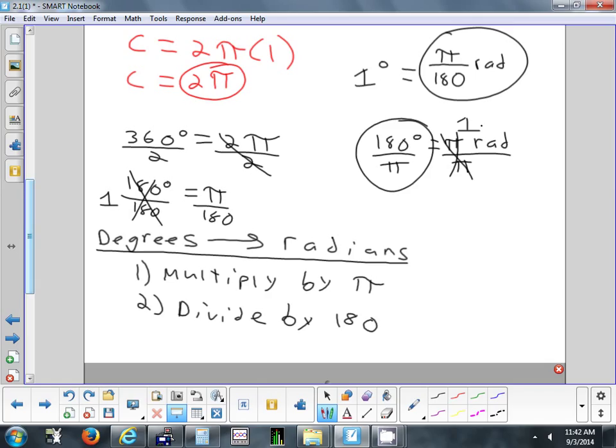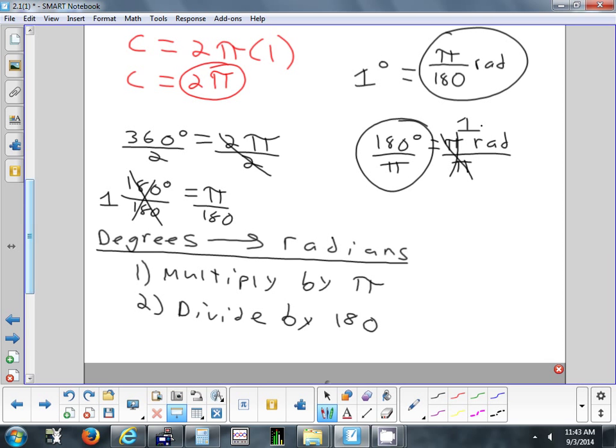So that fraction is the key right there. 180 degrees is in the top this time, and pi is in the bottom. And it should make sense that it's switched because we're doing the opposite.